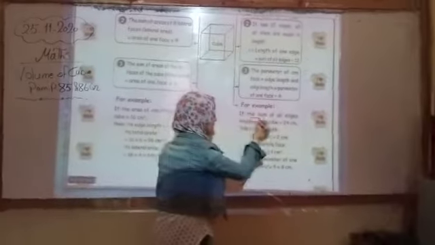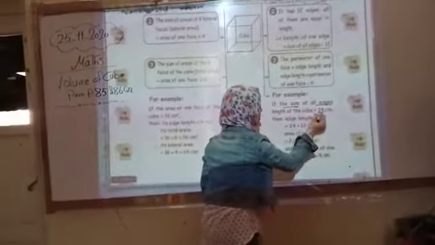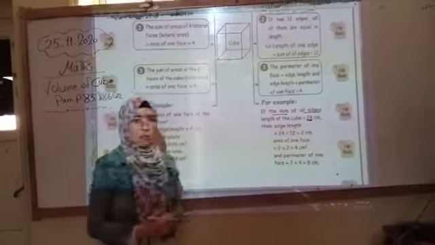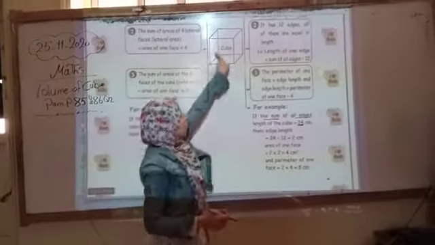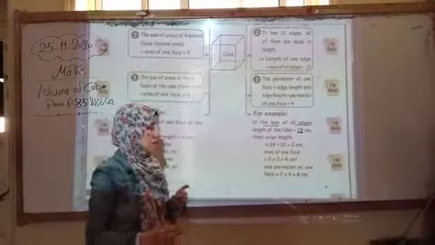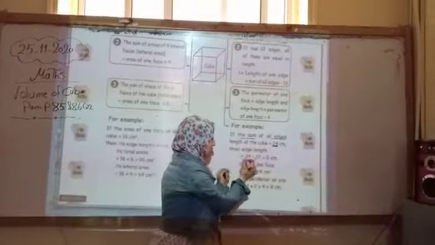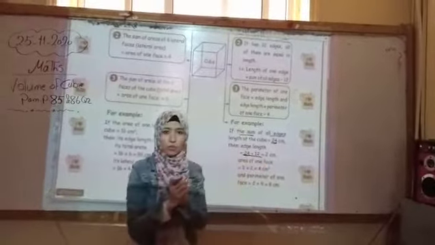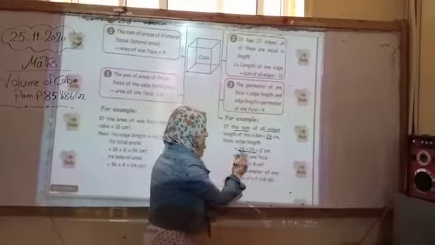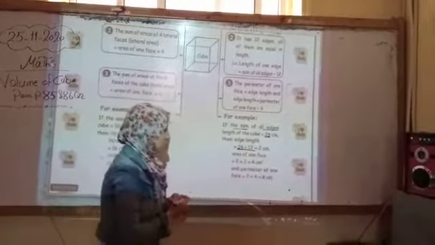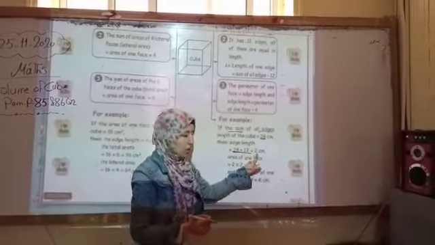For example, here, if the sum of all edges is 24, to get the volume we want only one edge. We make 24 divided by 12, equal 2.